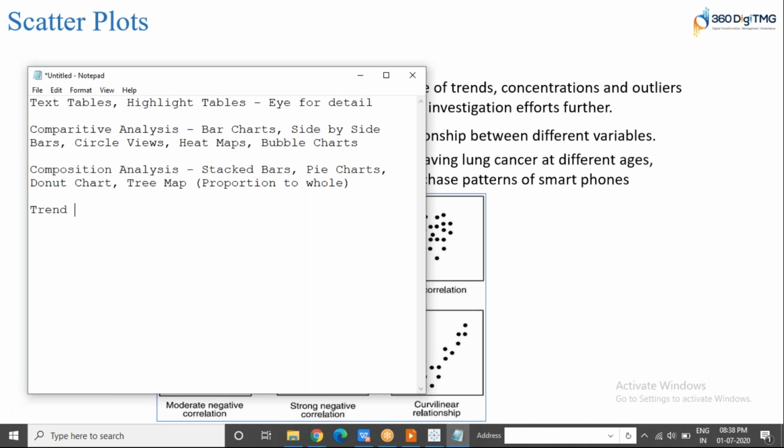Then there is trend analysis, or overall, what direction the business is taking. Is it a positive trend? Is it a negative trend? Is it a constant trend? So when it comes to trend analysis, what type of charts?